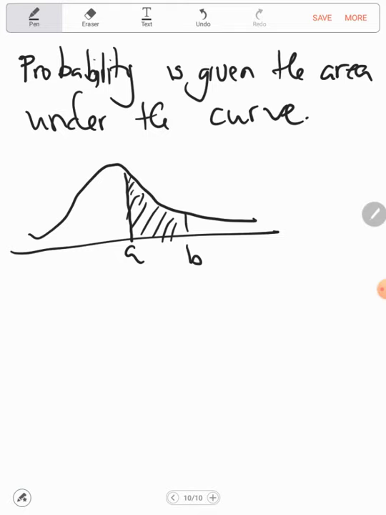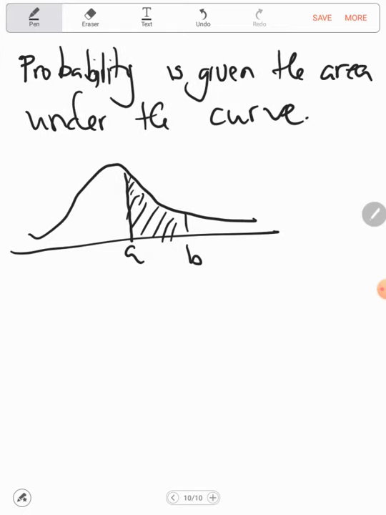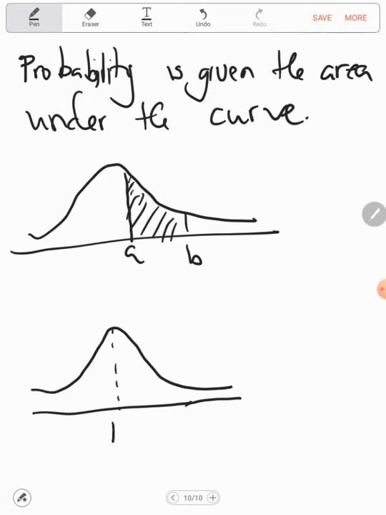There are some important things that we mentioned about the normal distribution. We said it is symmetrical, so this implies that it is centered around the mean. In my sketch here, that point there in the middle is the mean. And the standard deviation just gives you this distance.